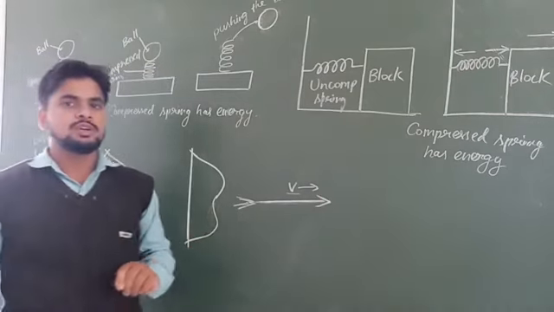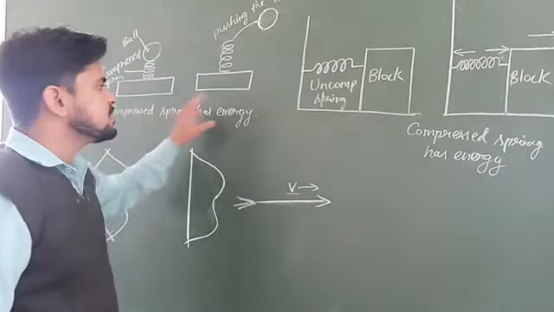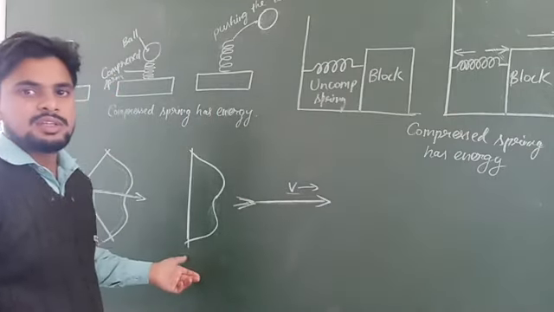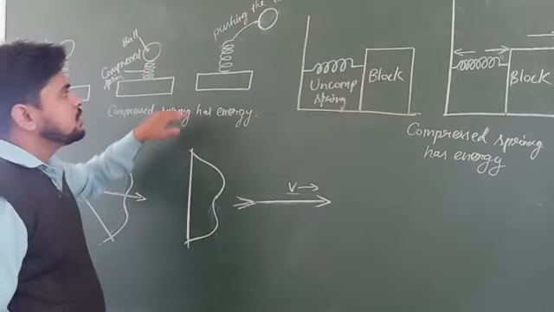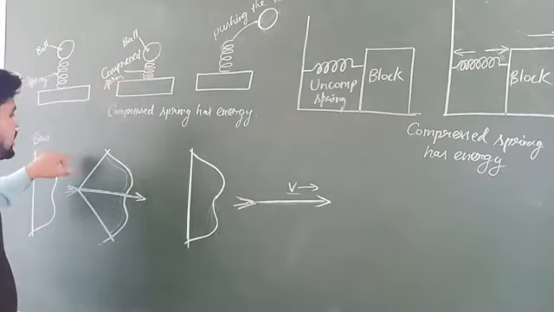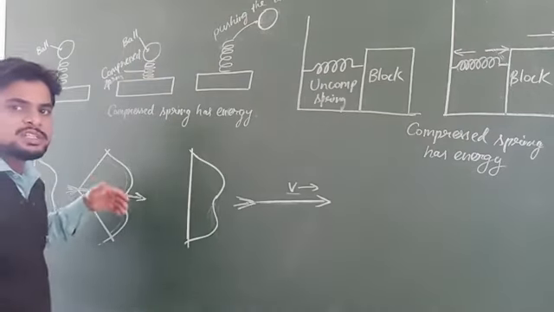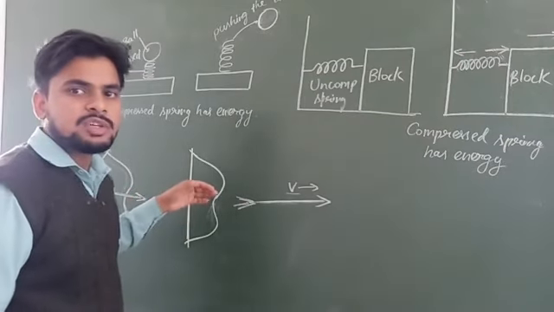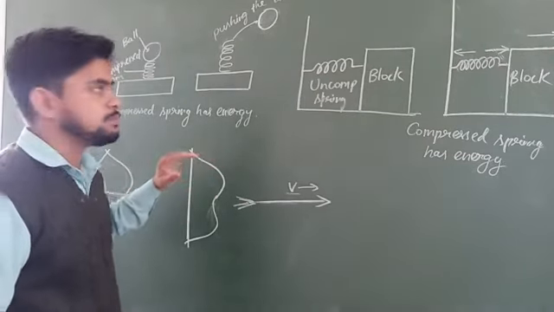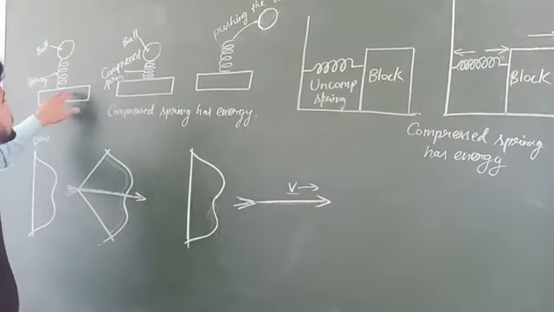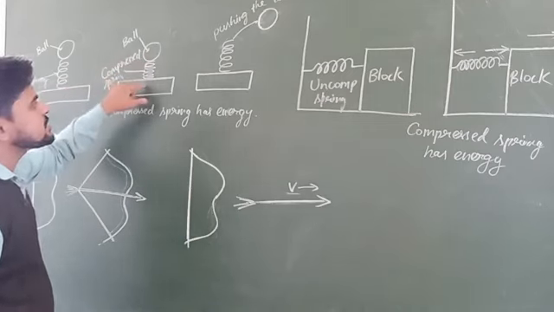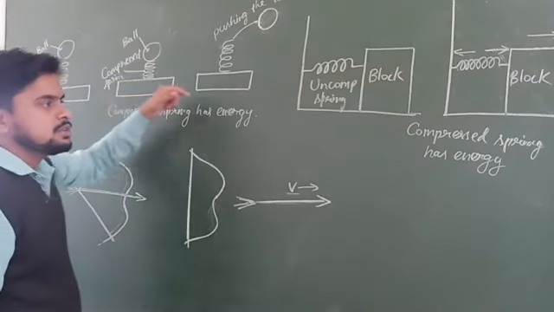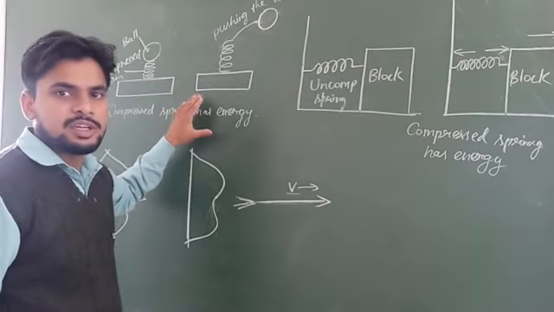Okay students. Now if we summarize these three examples, then we can observe that in all these examples the energy is produced or energy is possessed by the object because of change in configuration. Here in the first example you can see that the original spring has no energy, but when the configuration, that is shape and size of the spring, is changed, then it got some energy.